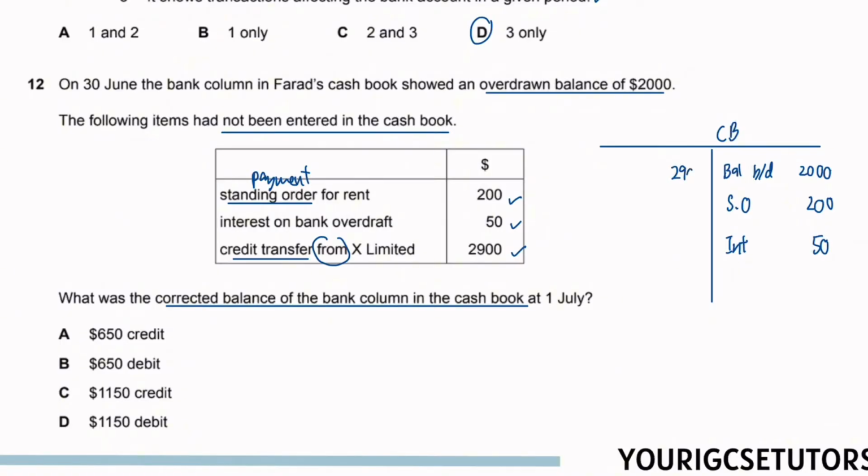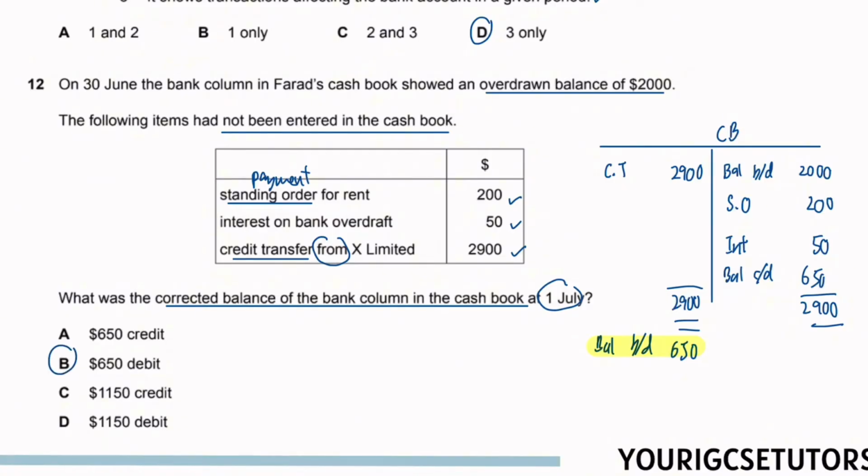Then you just need to find the remaining balance. So total 2,009, and then you can see the difference. The remaining balance c/d is 650. Be aware, because they're asking for the corrected balance. When it asks about 1st July, they want the balance brought down, so it's debit 650, not credit 650.